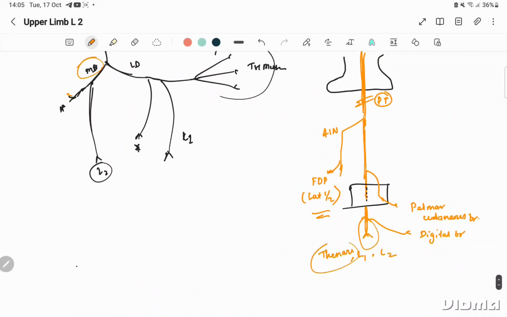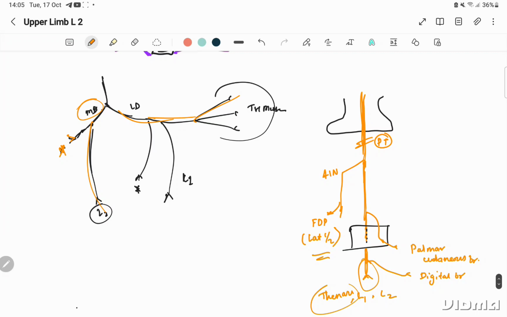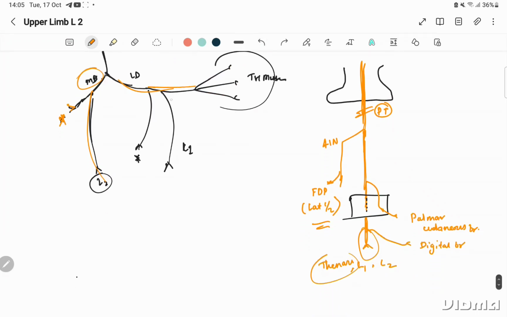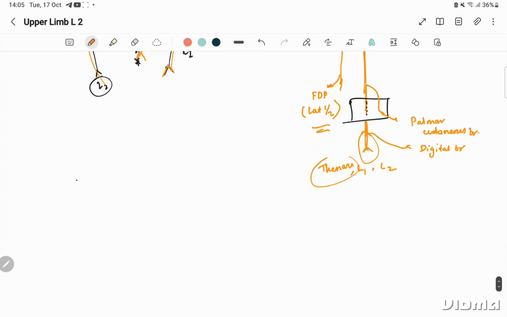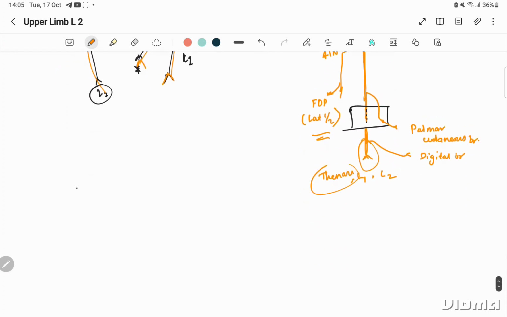The medial branch gives a branch to the digits, another branch supplying the L2 lumbrical, and the lateral division gives 3 branches to the thenar muscles here, and one to the L1 lumbrical and another to the digits. Okay, and the branch which passes superficial to the flexor retinaculum is called the palmar cutaneous branch.